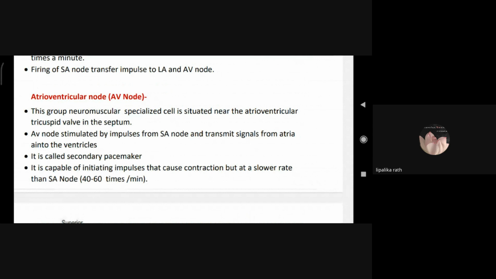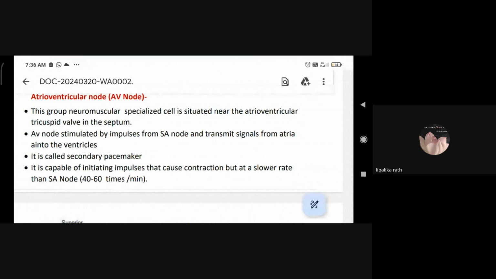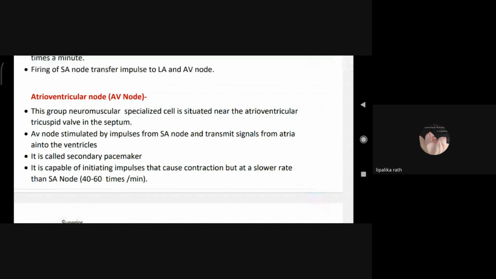It is called the secondary pacemaker. So the primary pacemaker is the SA node and the secondary pacemaker is the atrioventricular node. It is capable of initiating impulses that cause contraction, but at a slower rate than the SA node.